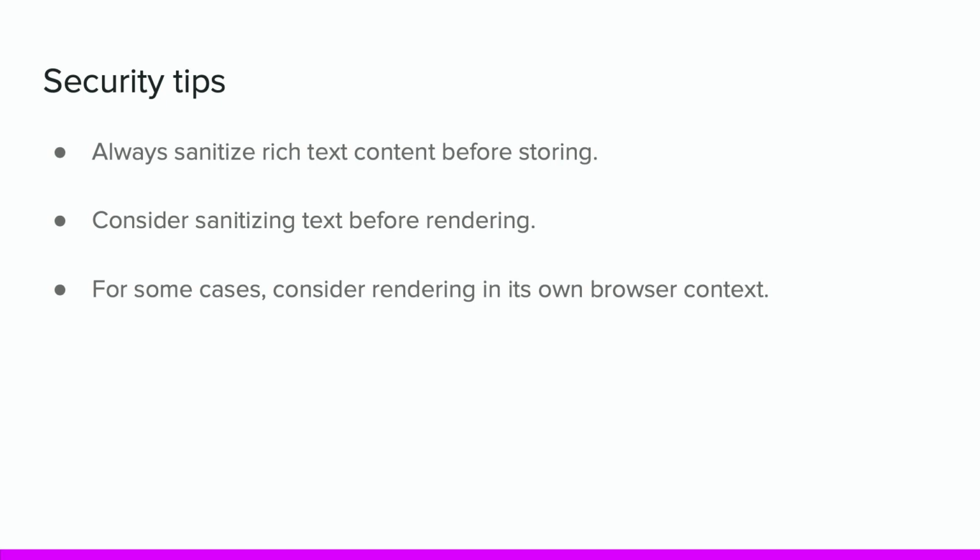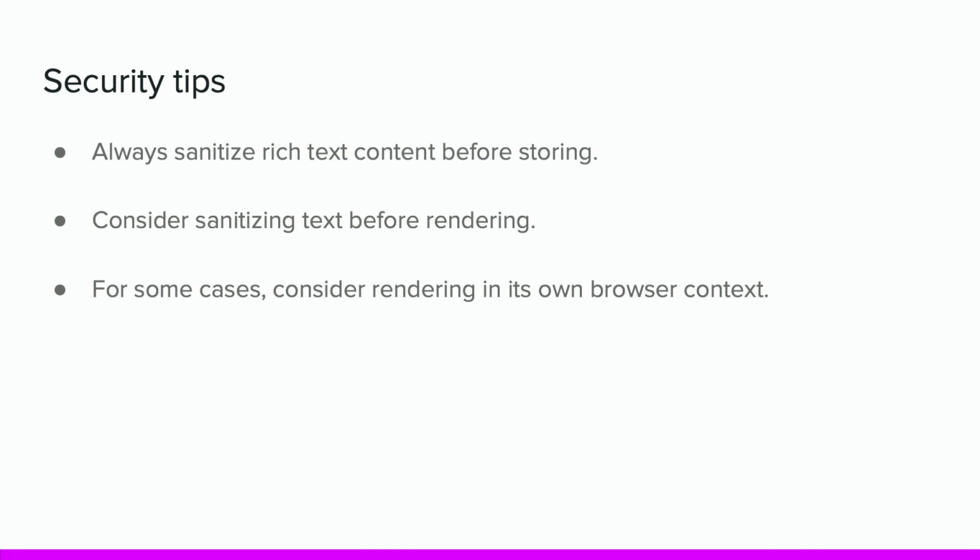So a few security tips here: when you handle rich text in your application, you should always sanitize it before storing. And when I say sanitize, I mean remove any HTML tags that you do not explicitly need, and remove any HTML attributes like ID that you do not explicitly need. Next, you should also consider sanitizing before rendering in some cases, because you might not be 100% sure how it was stored in the database.